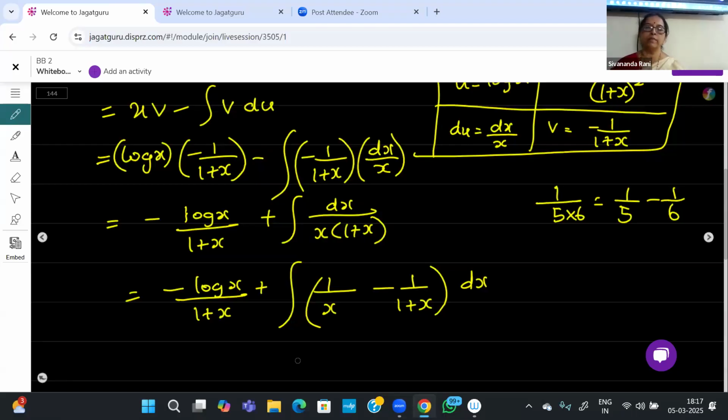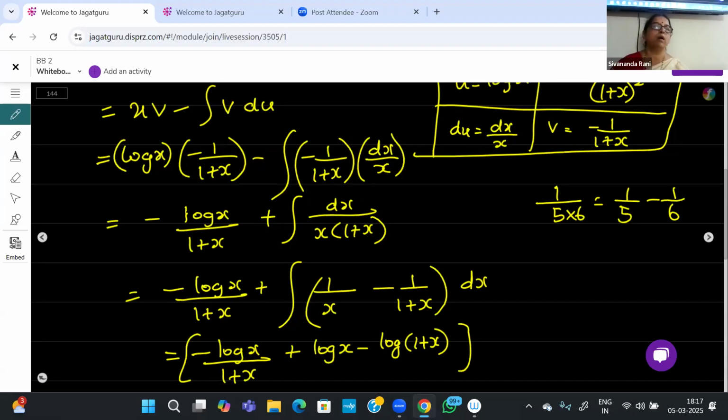Two consecutive terms. Because the limits are positive, I didn't bother to put mod.